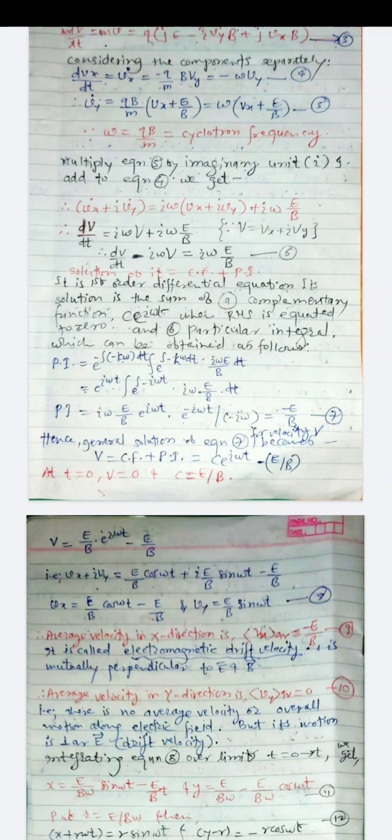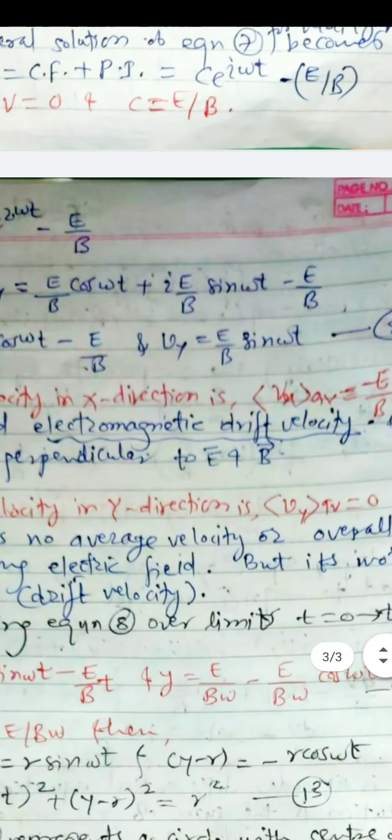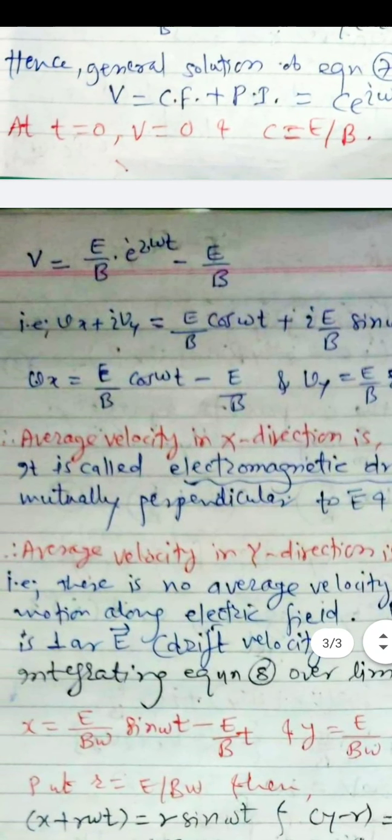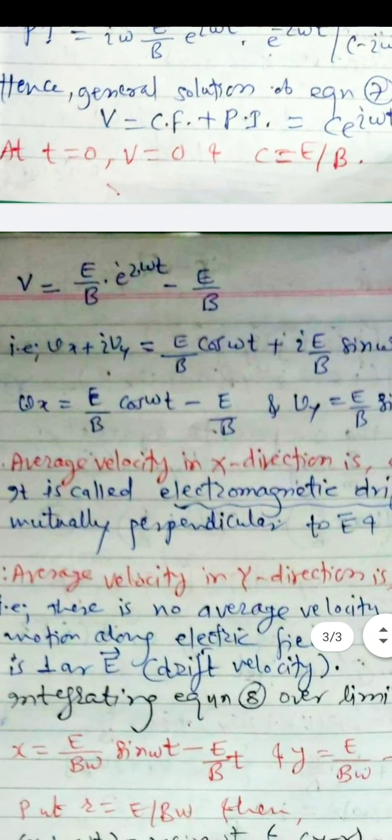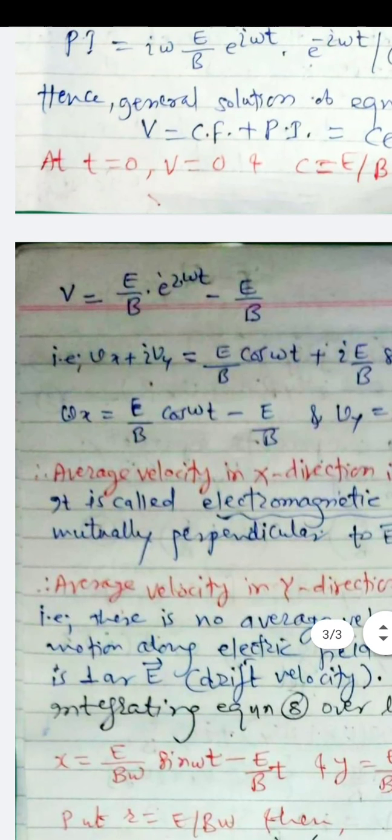Now we move towards the initial conditions for the particle entering into this situation, E perpendicular to B. At time t equal to 0, velocity v equal to 0, at that time C equals E upon B. Now this velocity v equals E upon B into e raised to i omega t minus E upon B. Again here we compare the individual components.